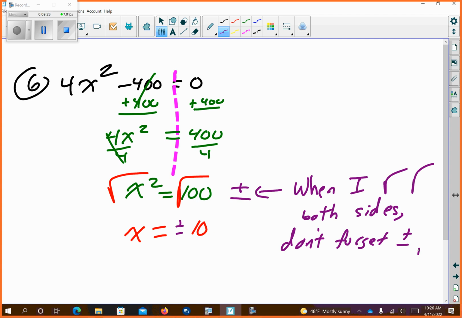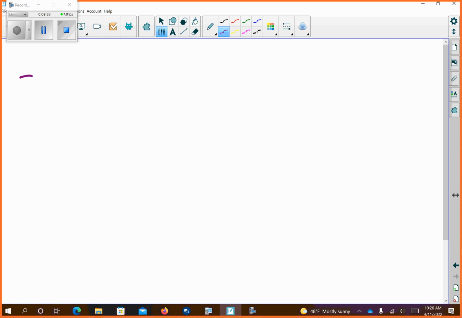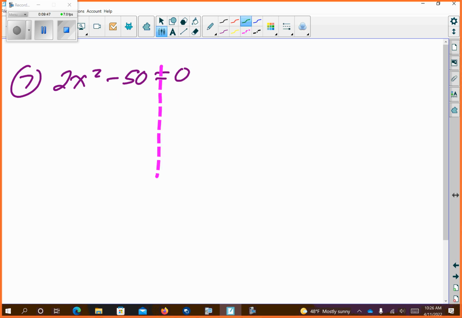All right. Do we feel comfortable up through number 6? We are on our adventure, reviewing for this. Problem number 7. 2x squared minus 50 equals 0. So is this one that we should use the quadratic formula on, or should I just try and solve it? Yeah. Try and solve it. I don't have just the x term, so add 50 to both sides. Those cancel.